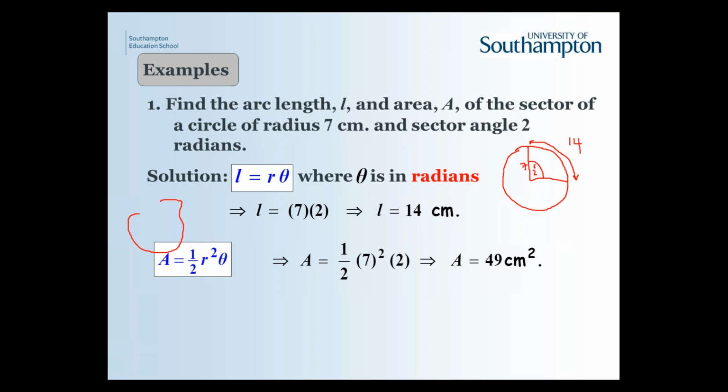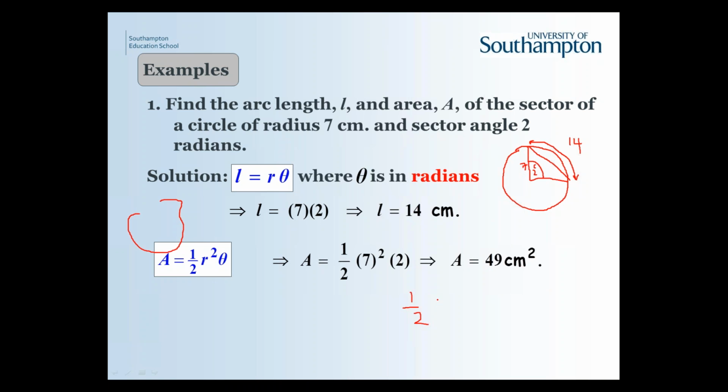And if you were required to find the segment, we'd still just do what we were doing before. We'd find the area of this triangle and then take it away from that. Just got to be careful because that's in radians. What is it?